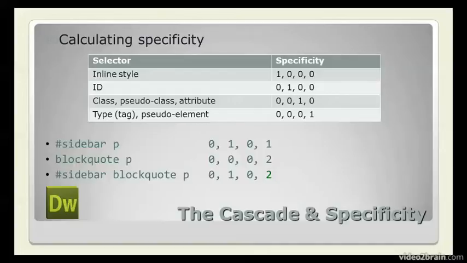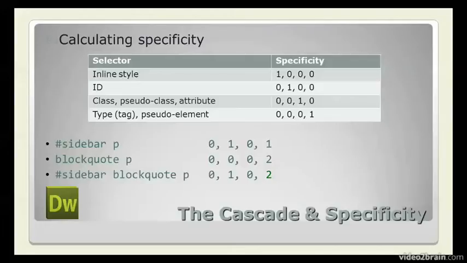So the ID gets a value of 1 in the second group, and the P gets a value of 1 in the fourth group. The second one is a descendant selector with 2 type selectors, so that gets a value of 2 in the fourth comma group. And the final one, you've got an ID and 2 type selectors, so you get 1 in the second comma group and 2 in the fourth comma group.